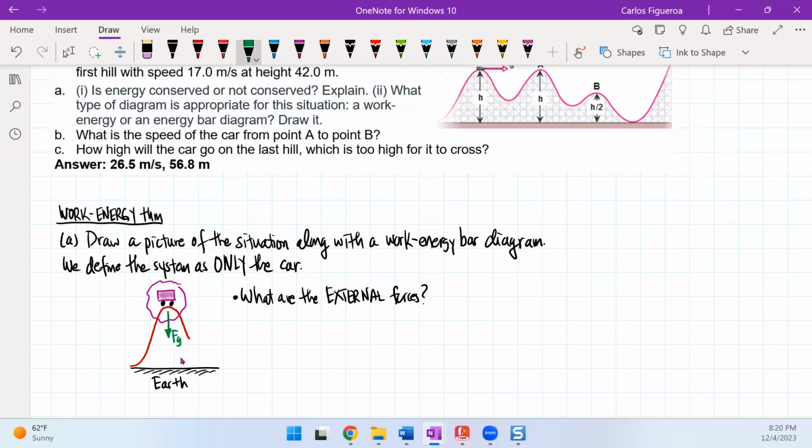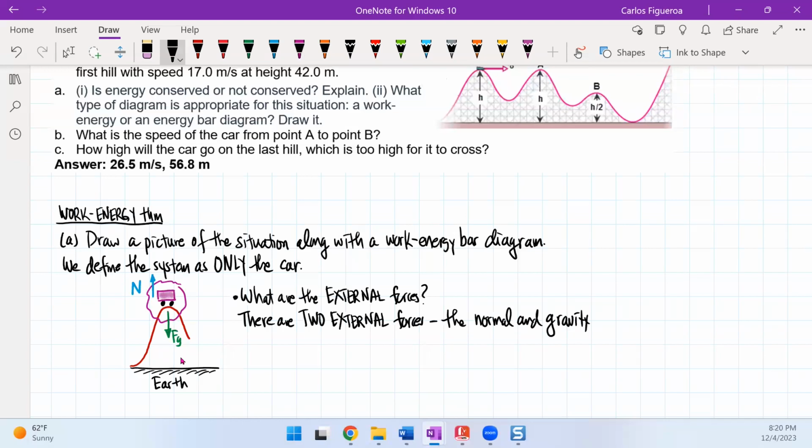Another force is that the railroad track has to apply an upward force, in other words, I have a changing normal. So there are two external forces: the normal and gravity.